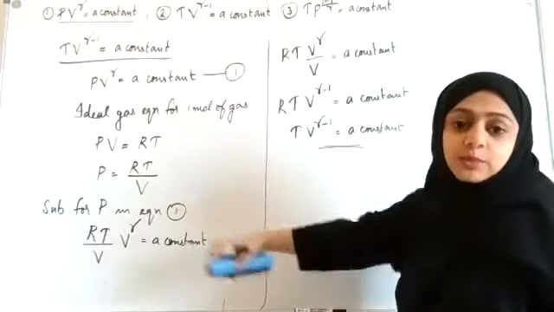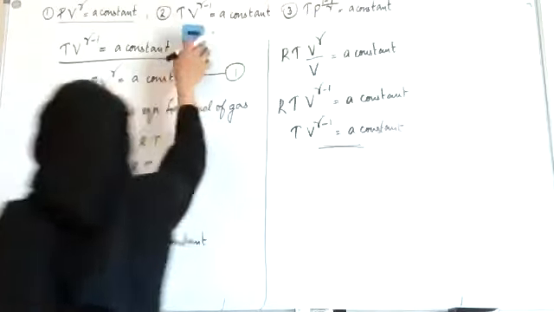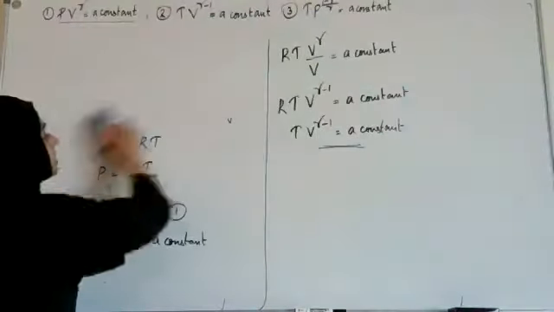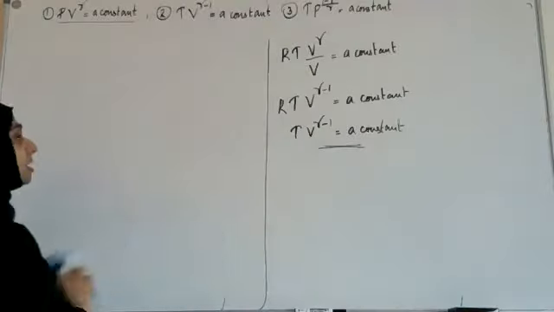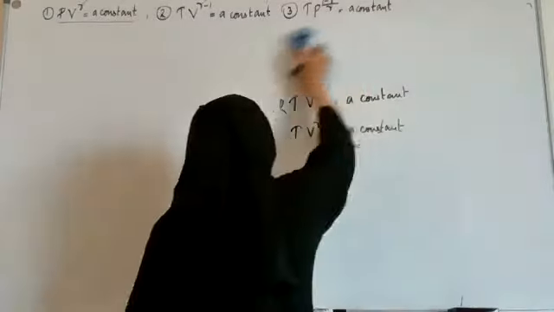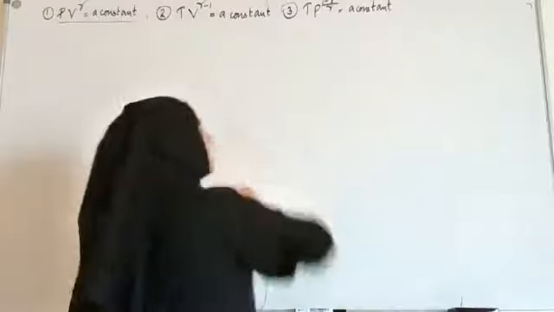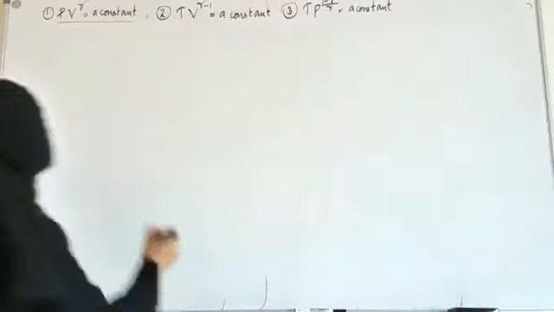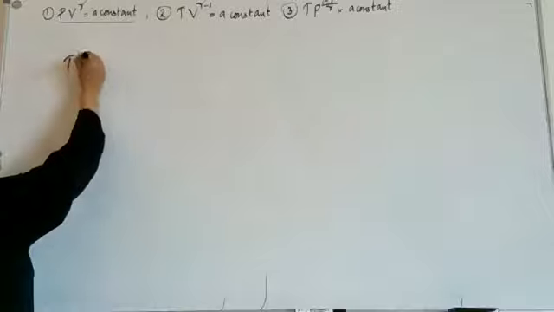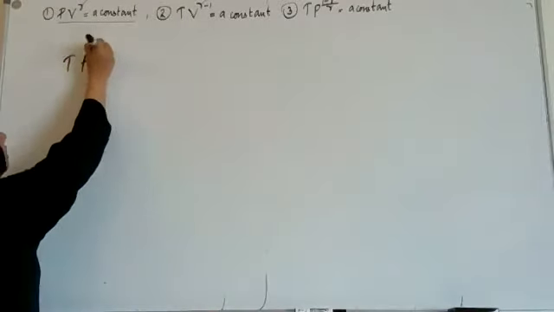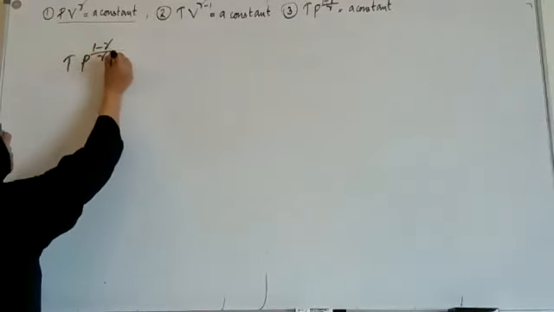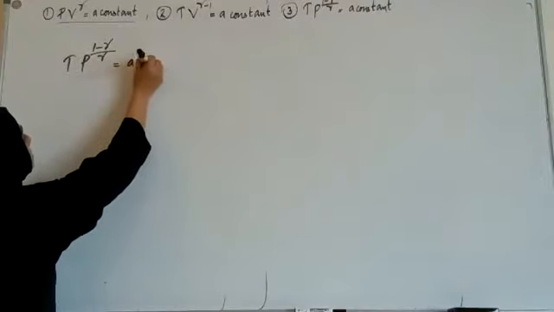Okay. So just as we did this, we will quickly derive this expression. The procedure will be same. So now we are going to derive the expression that P raised to 1 minus gamma by gamma is equal to a constant.